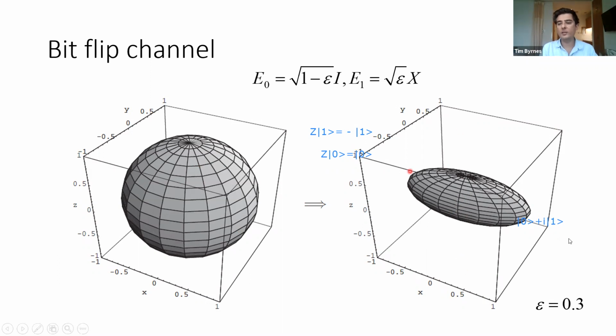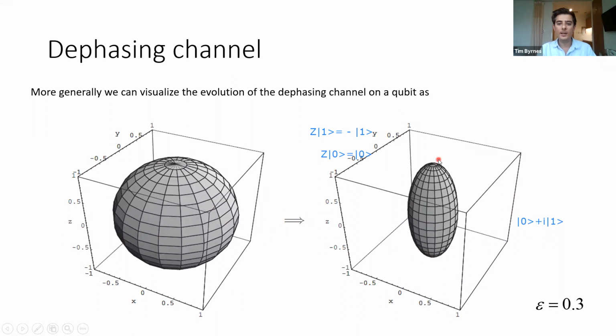So this way, it's kept intact. It's a lot like this one, where it was squashed this way, and this way, but it wasn't squashed this way. It was kept intact along the z-axis.